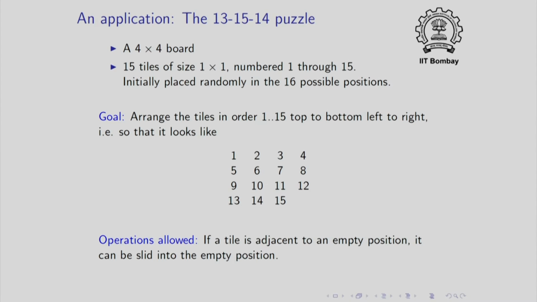How are you allowed to do this? Well, if a tile is adjacent to an empty position, it can be slid into the empty position. So this is how you are allowed to move the tiles. Let me warn you that getting the required order is not always possible, and I will have a remark about this in a minute. So let me say something about the program that we are going to write.